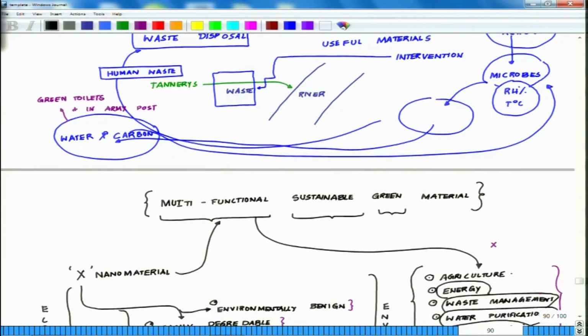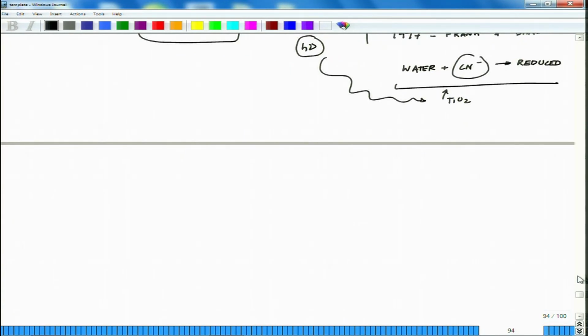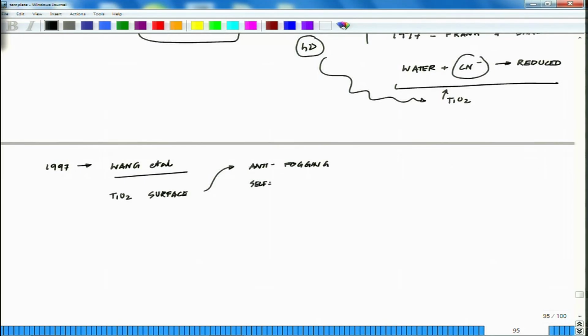Wang et al. showed that the titanium oxide surface has anti-fogging, so you can use it in the car, anti-fogging properties, self-cleaning abilities, attributed to the super hydrophilic properties of photoexcited TiO2 surfaces.